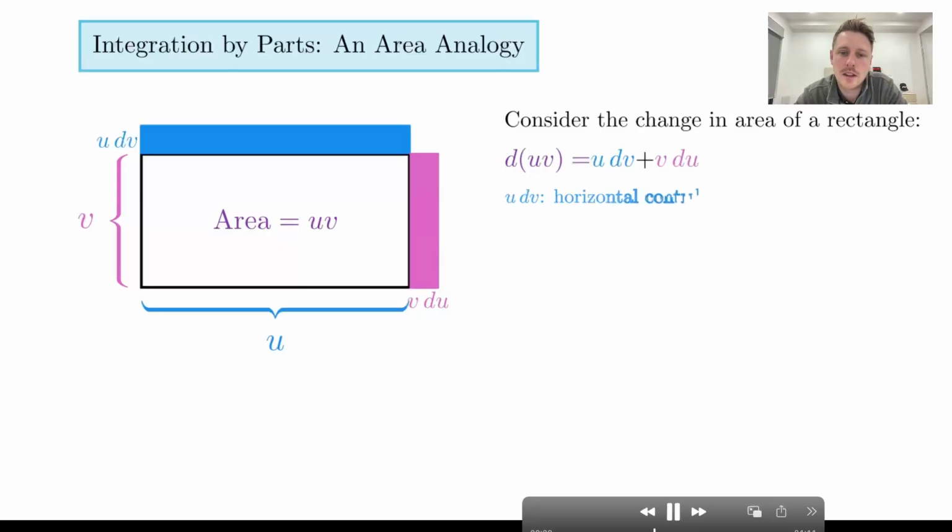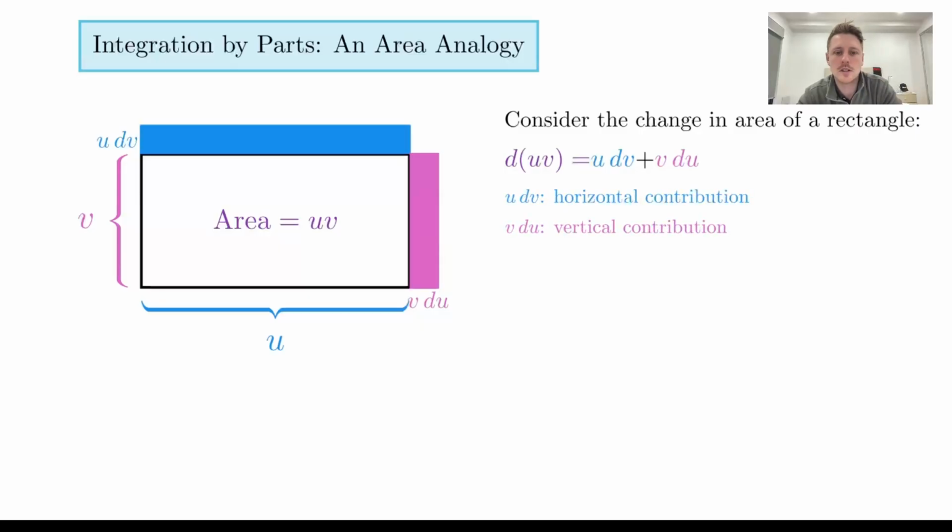So u dv is the horizontal contribution and v du is the vertical contribution. And so what we have is a situation where we've got a derivative on the left-hand side, and then the sum of these two products on the right-hand side, where they represent this small change in the area of the rectangle.